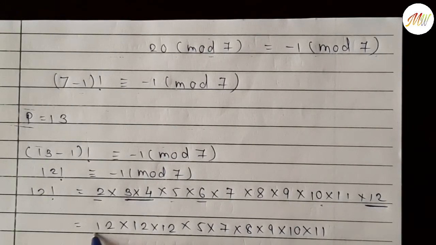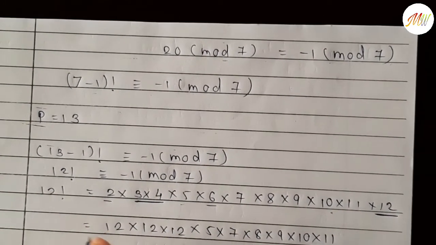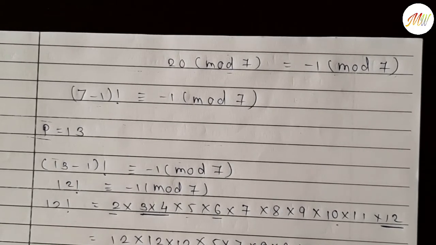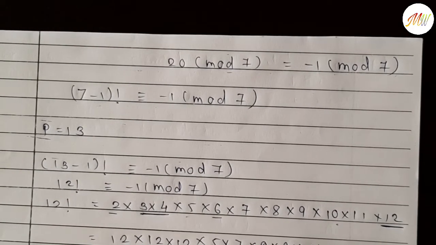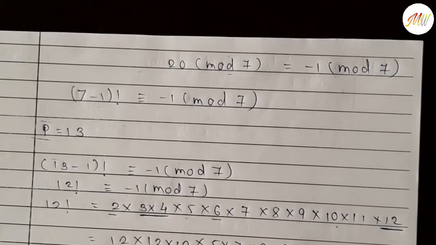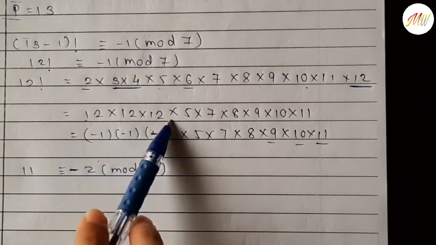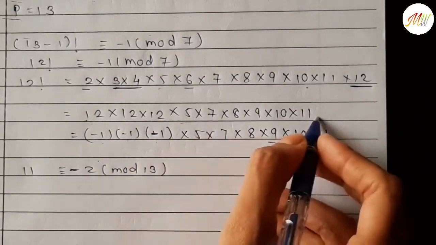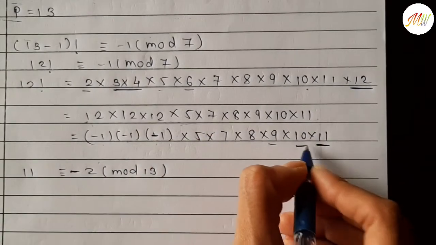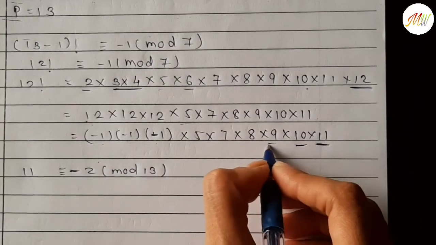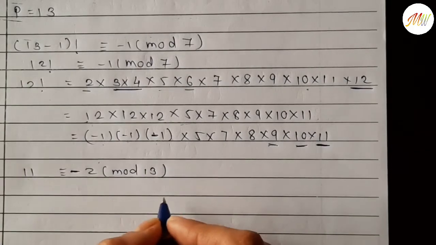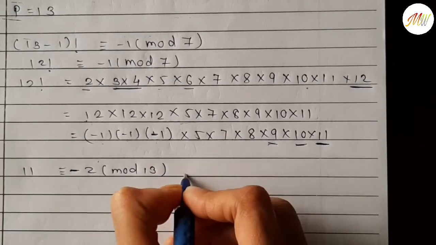Okay, so the value of 12 here we get is minus 1. Okay, so we write that and again we write the rest of the terms. For this 12 we write minus 1 minus 1 minus 1 into rest of the terms as it is. We put up the values for 11 till 9, we get 11 is congruent to minus 2 mod 13.